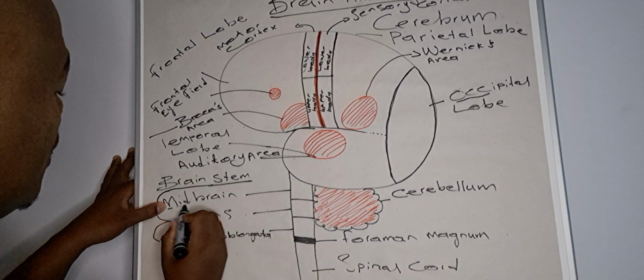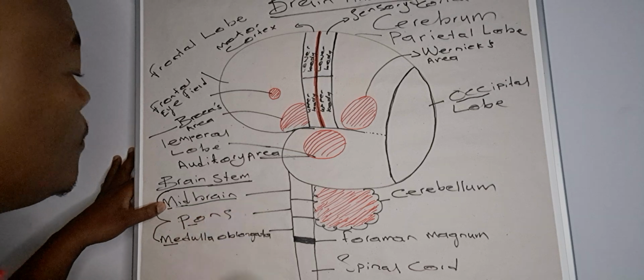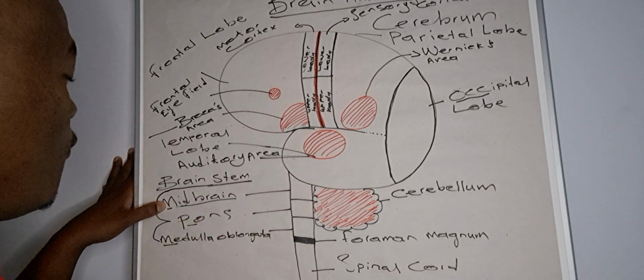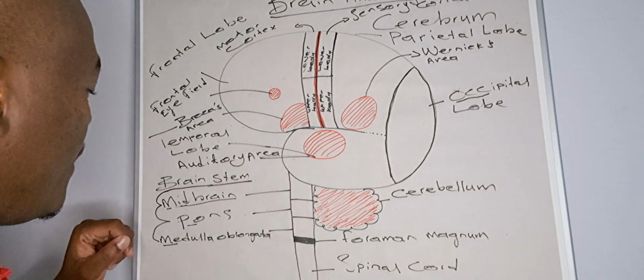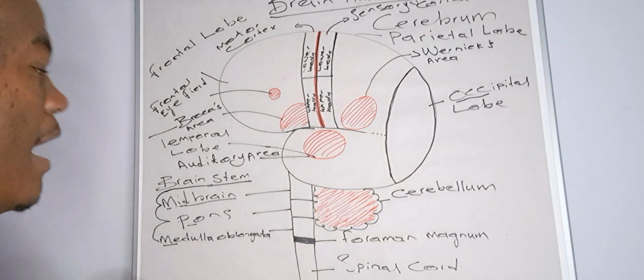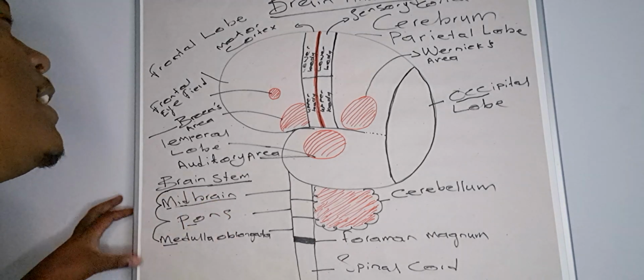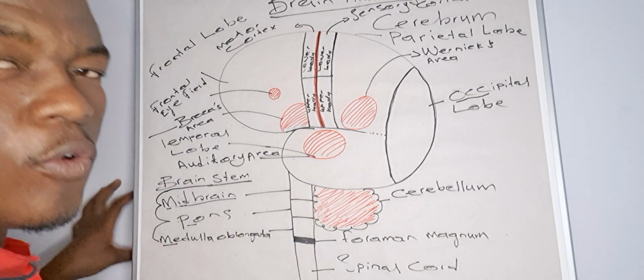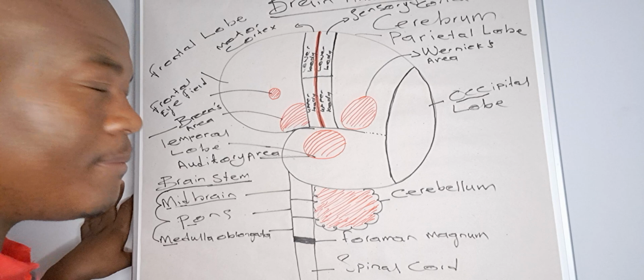Midbrain is responsible for giving you a position of the circumstances of what is happening around you. Let's say you hear the sound of a car, a hooter or something.